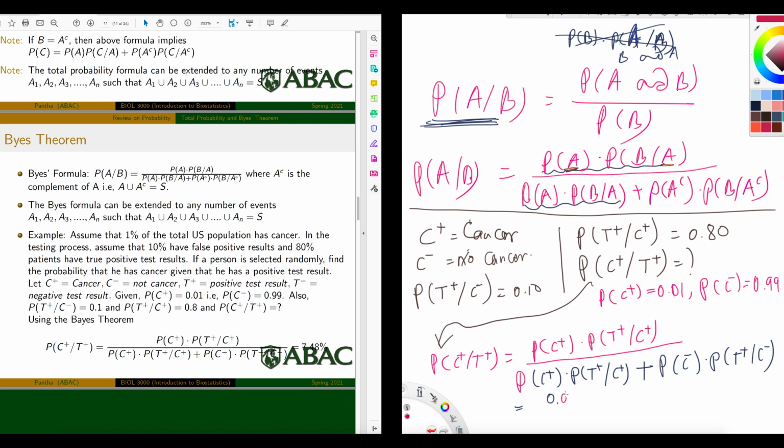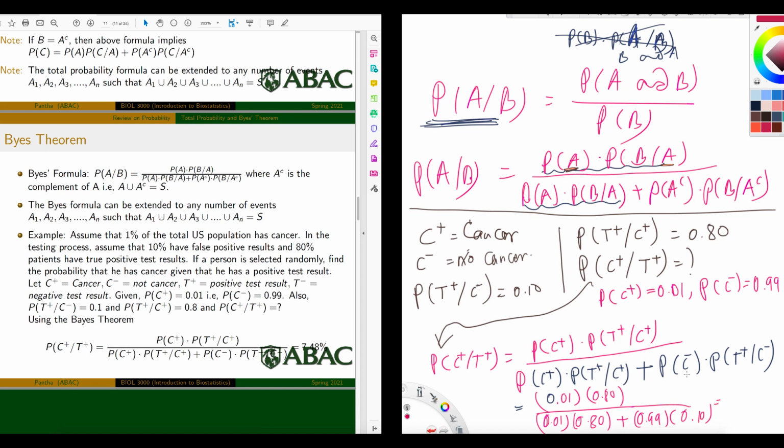So 0.01 times what? T plus given C plus is 0.80. And then divide by probability of C plus, 0.01, times 0.80, plus probability of C minus, 0.99, times T plus given C minus, which is 0.10.